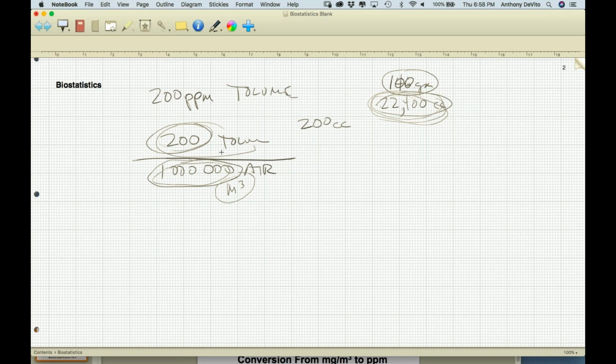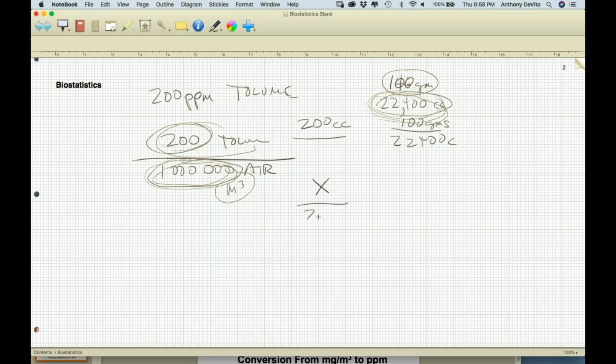So 200 ppm of toluene per million parts of air, that's a cubic meter, is 200 cc's of toluene. So in 22,400 cc's, there is 100 grams of toluene. Now I have to figure out how many grams there are in 200 cc's.